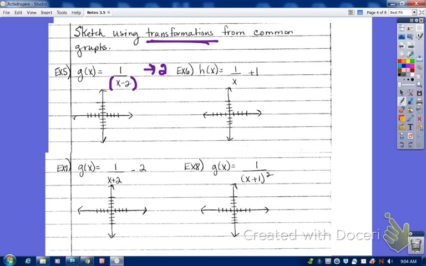So what I'm going to do next is use my highlighter. I'm going to have a vertical asymptote at x equals 2. I'm going to do that with a yellow line. My horizontal asymptote won't change unless the graph is being moved up or down. So if the graph moves left or right, the vertical asymptote will move.